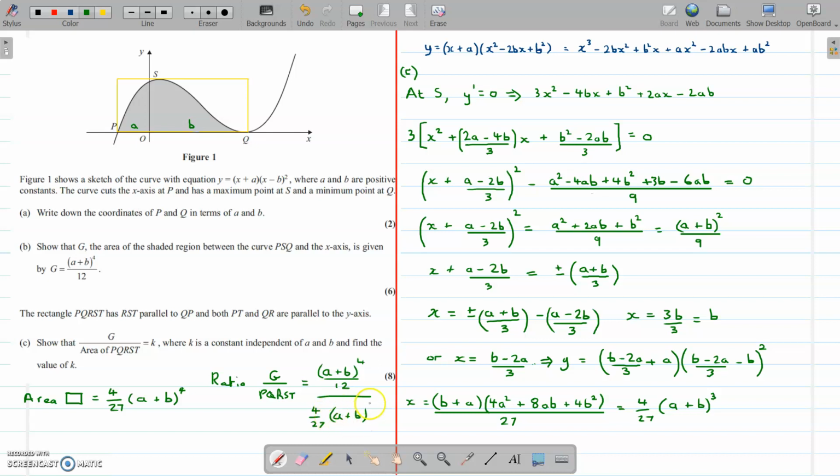Okay, the a plus b to the 4's cancel, and you're left with 1/12 over 4 27ths, which is 1/12 times 27 over 4, which is 27 over 48, which is a number k, and it's irrespective of a and b. And that's it.